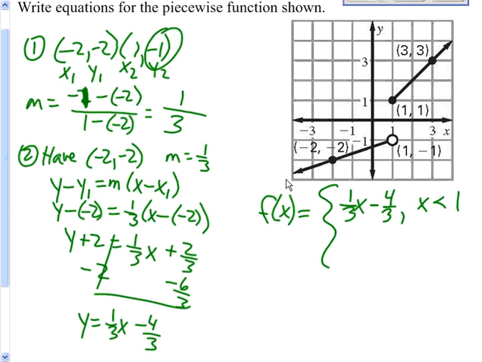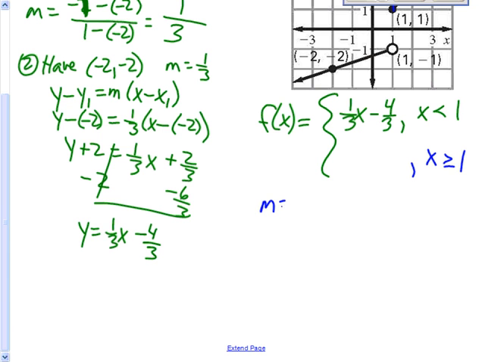Okay, let's do the other one here. Looks like you start out at an x value of 1, and you go to the right. So we can just say it's going to be greater than or equal to 1 there. And then let's write the equation of that line. I know it has a slope. Let me go up 2, right 2. So slope is 2 over 2, slope is 1, and I have the point (1, 1).